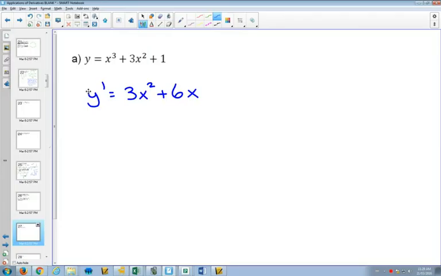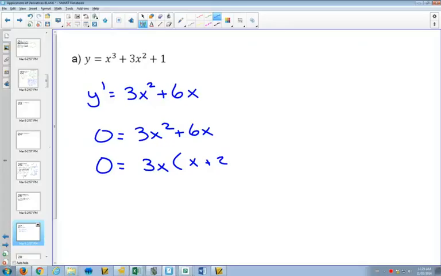If we want to find all our stationary points, we're going to set this equal to 0. If we factor this, we find out that our derivative is equal to 0 at x equals 0 and x equals negative 2.